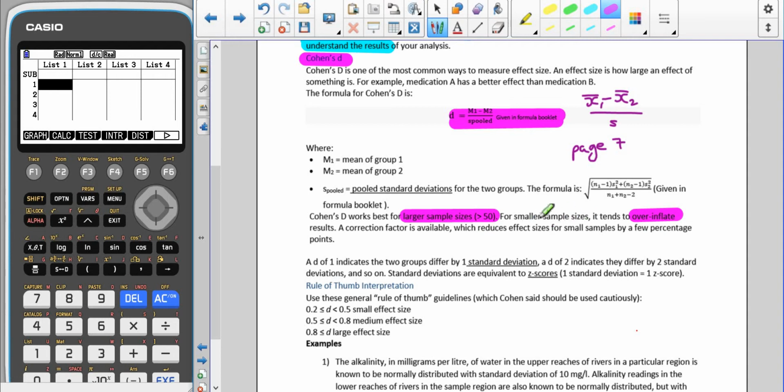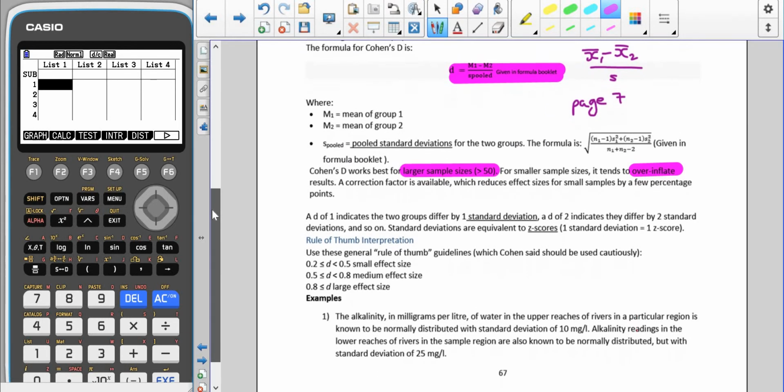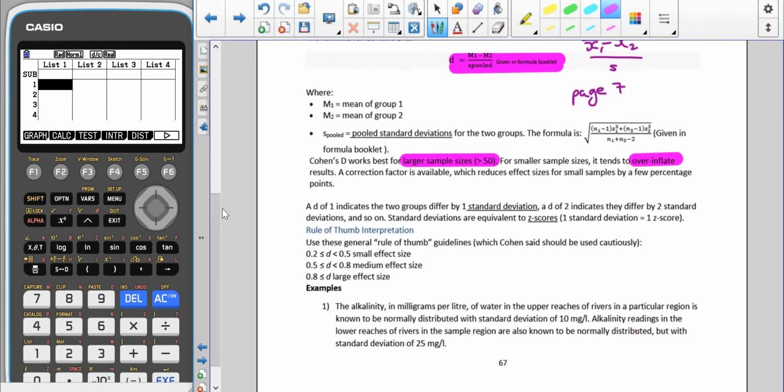So that can sometimes be a comment that we can make on the effectiveness of looking at the effect size. If, for example, we have done a t-test, because a t-test is only done on a small amount of data, then we might end up saying that the result may be overinflated due to the small sample size.